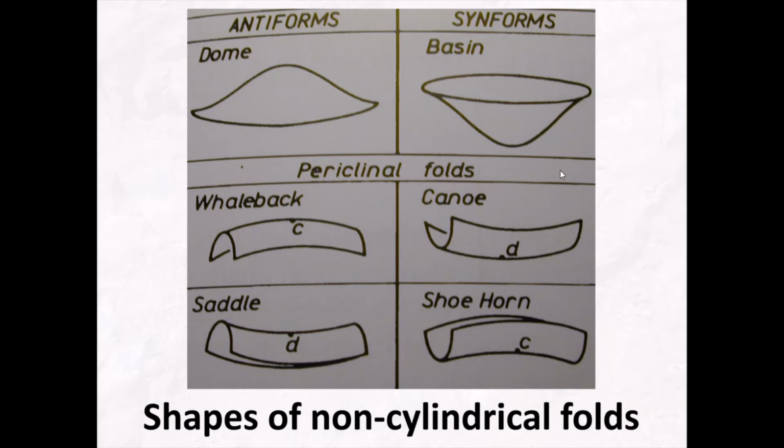And we can get a number of different types of non-cylindrical fold depending on the directions of plunge. If we were to have an antiform that plunges in every direction, we'd call it a dome. If we had a synform that plunges in every direction, we tend to form a basin.